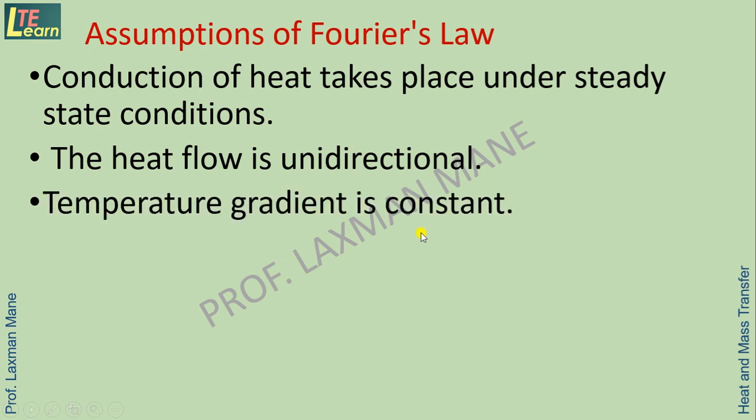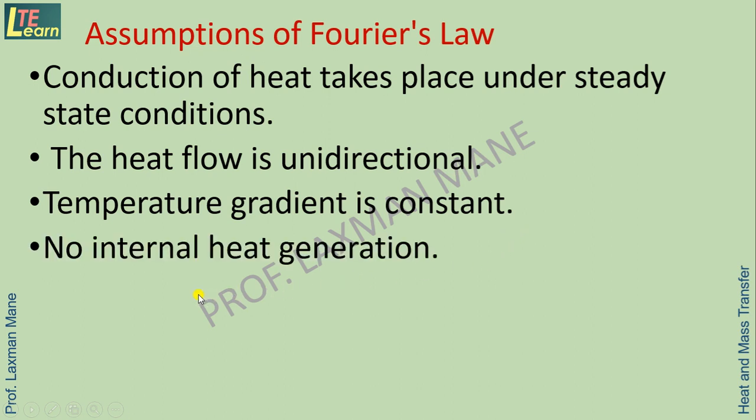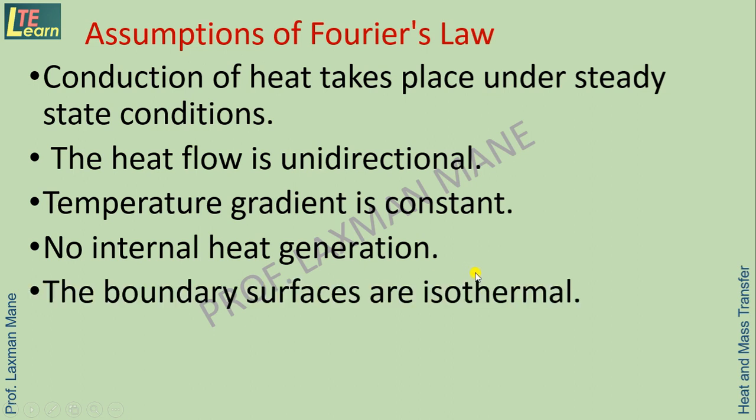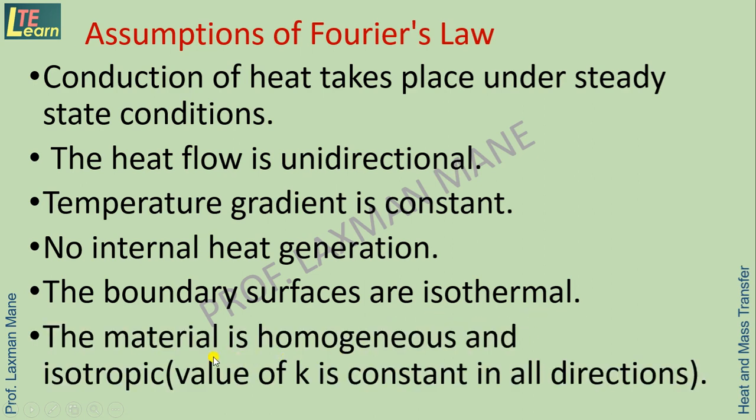Temperature gradient is constant, meaning the ratio dT by dx is a constant. There is no internal heat generation within the system. The boundary surfaces of the system are isothermal. The material is homogeneous and isotropic. Meaning of isotropic is the value of thermal conductivity is constant in all directions.